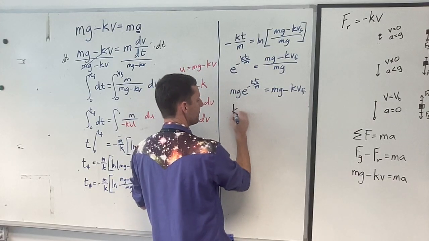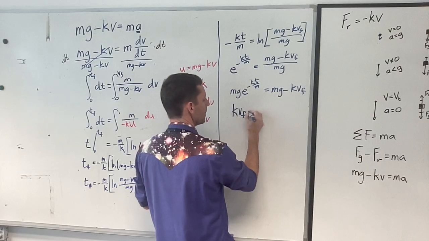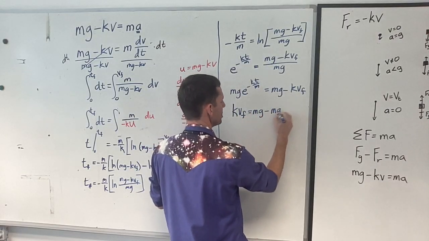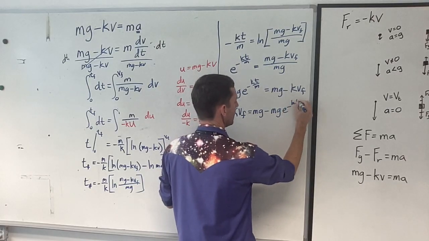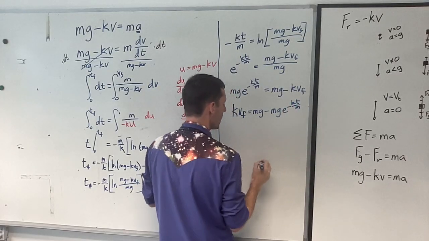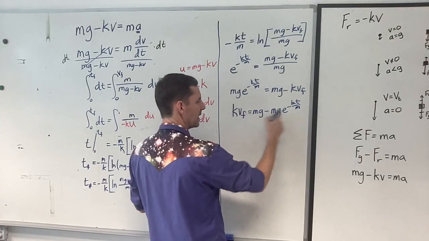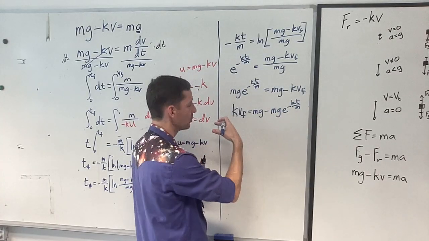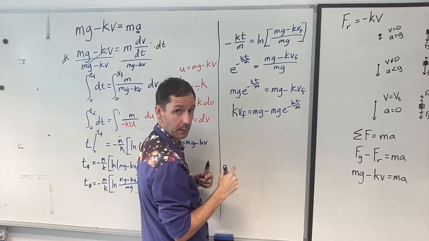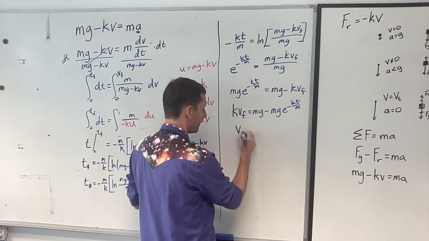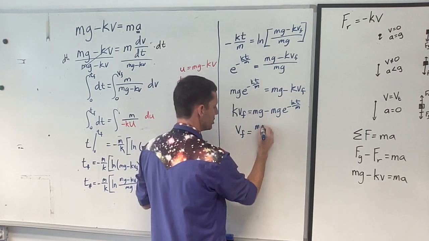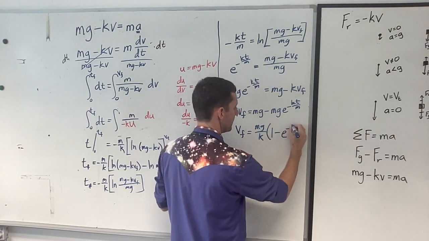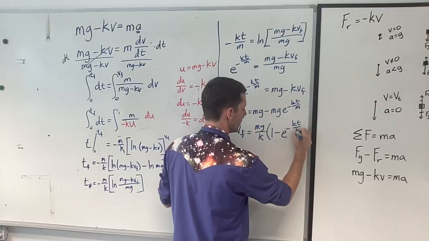So I'm going to have k vf equals mg minus mg e to the negative kt over m. And then most proofs like this, they're going to take the mg and factor it out, and then they're going to divide by the k. So we'll have vf equals mg over k times 1 minus e to the negative kt over m.